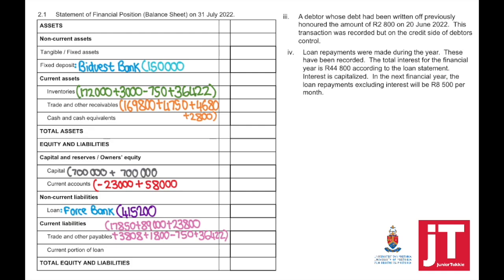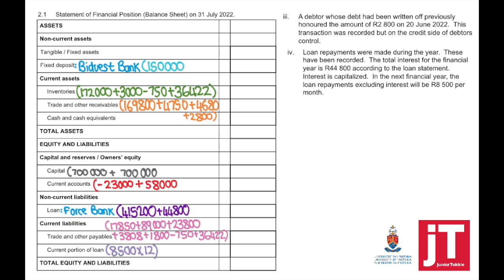Interest is capitalized, which means it's added to the loan account. In the next financial year, the loan repayments, excluding interest, will be 8,500 per month. So starting with my loan, we are going to add the interest, 44,800.